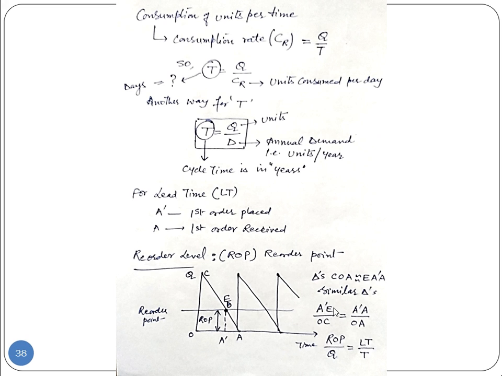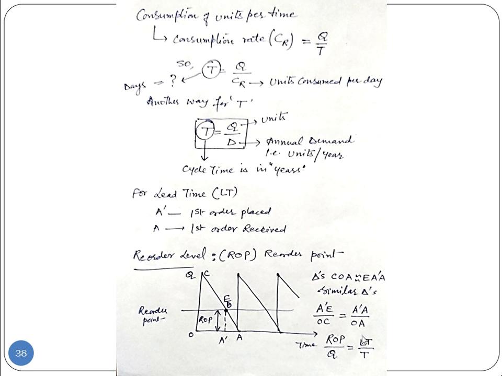Now A dash E is your reorder point, and OC is the maximum inventory level, that is Q. A dash A is the time between the first order you place and the first order you receive.